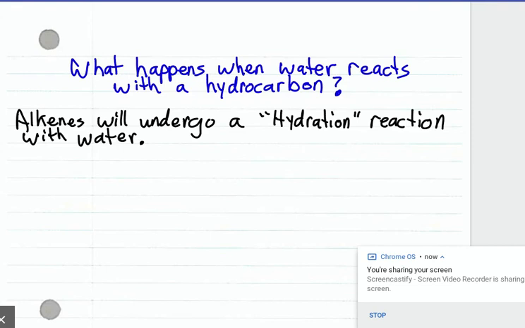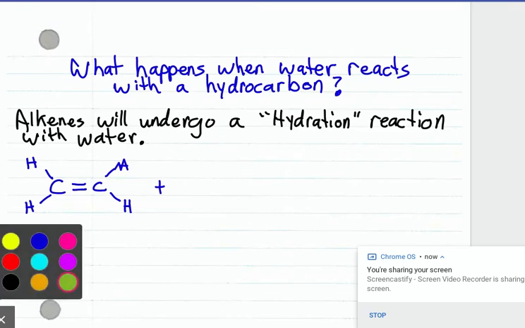So we're going to look at just the simplest alkene that exists, our ethene, very close to the ethane, just different by a double bond. And our ethene is going to undergo a reaction with water.